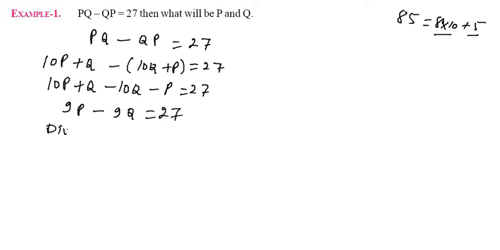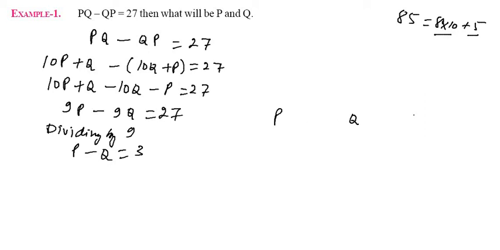Now dividing by 9, we get P minus Q is equal to 3. So we can find the pair of P and Q as their difference is 3.